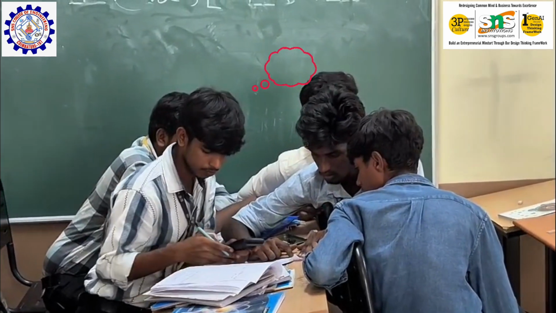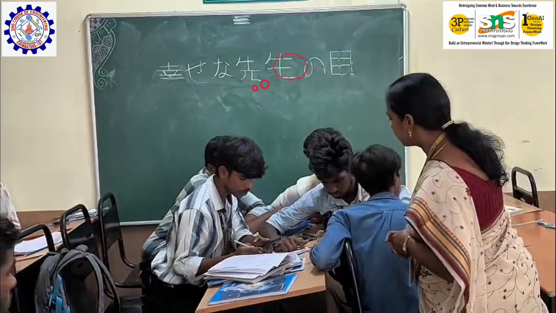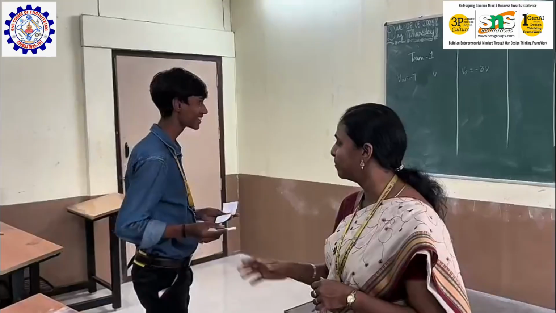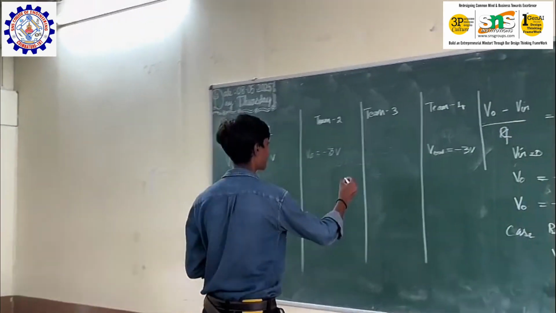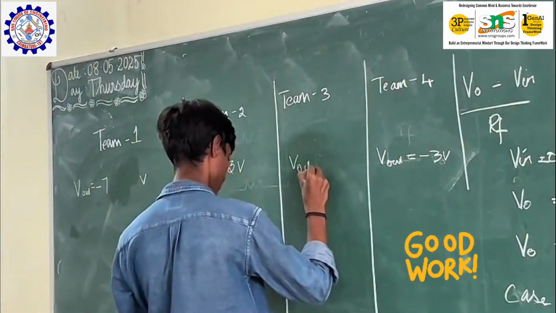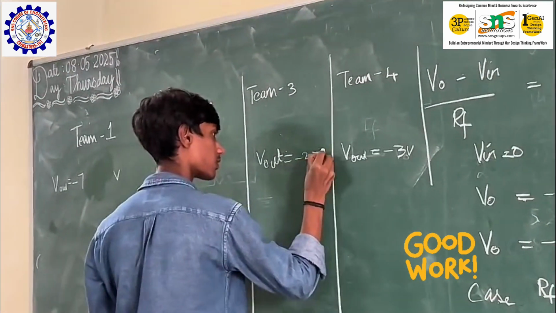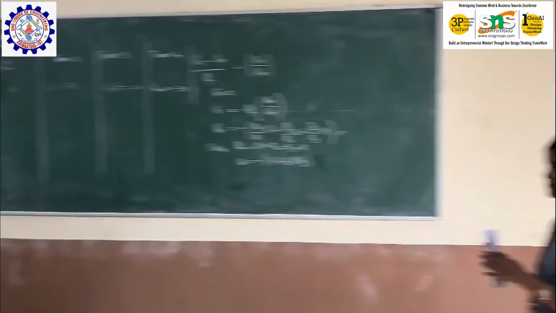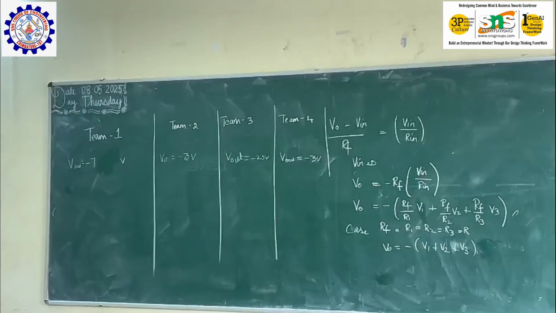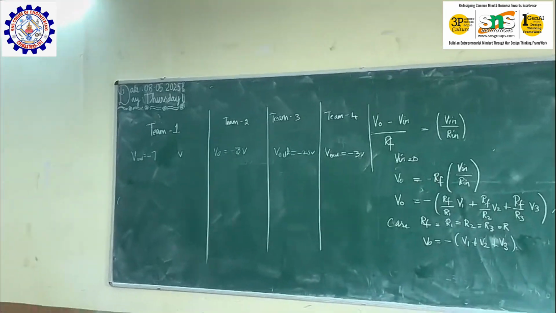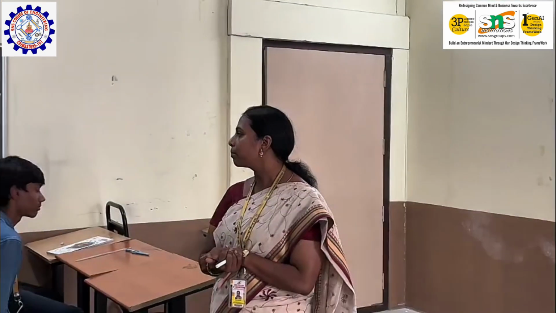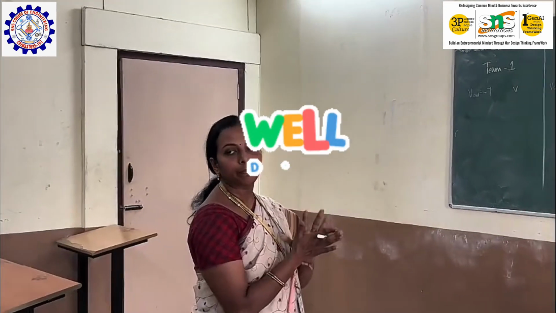So it's too late. Right. The answer is right for all the teams, so all are winners. Your question is very easy, I think. Right? Okay, fine. So you understood the concept of summing, isn't it? Right? Okay.